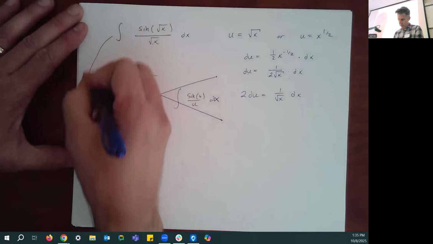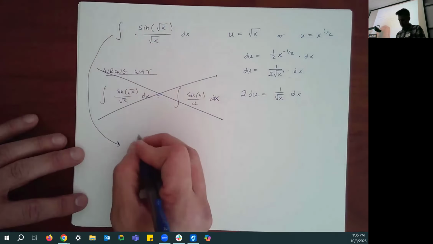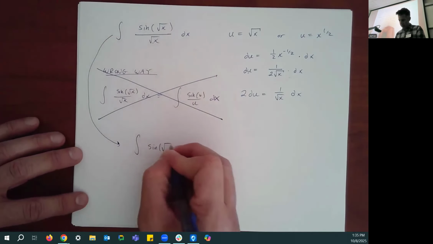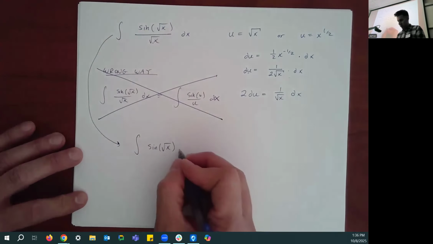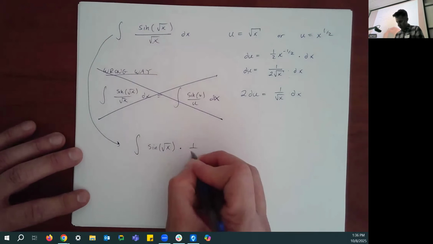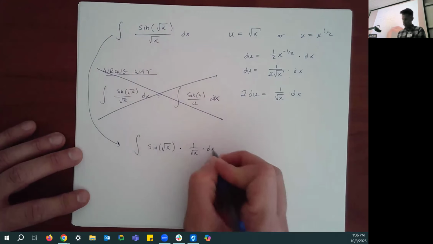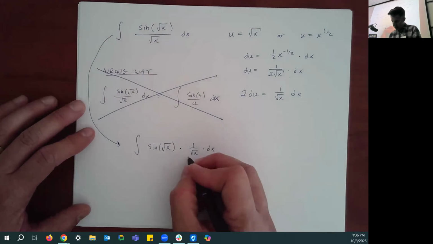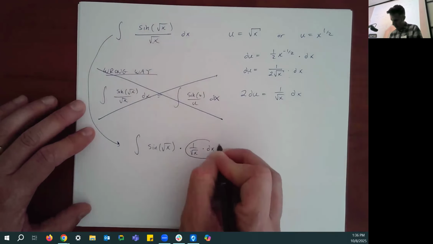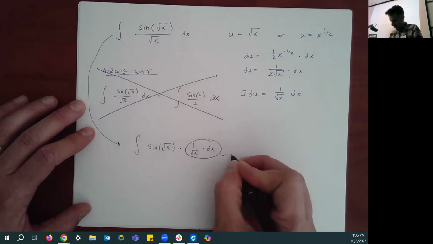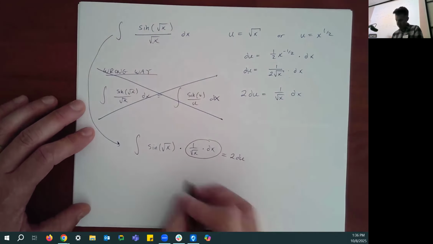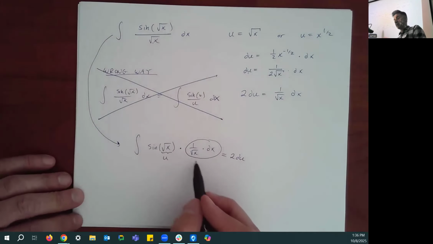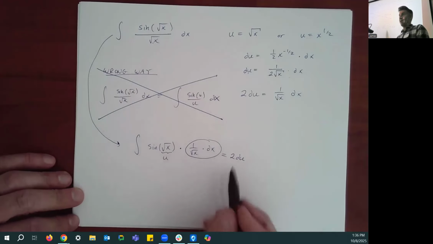So then I can rewrite this integral as the integral of sine of root x, instead of divided by root x, multiplied by 1 over root x times dx. And then I can observe that this part here, this 1 over root x times dx, is equal to 2 times du. And only this root x gets to turn into u. This other root x, we needed it to go with the dx so that we could get our du showing up.